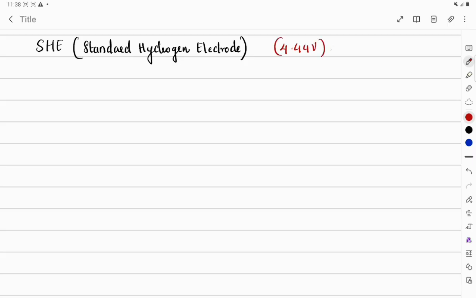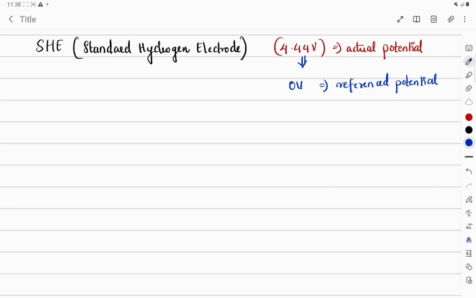This is the actual potential. But since we have to use it for comparison purposes, we have referenced it to 0 volt. This is the referenced potential, simply for ease of calculations. We have referenced the hydrogen electrode as 0 volt.